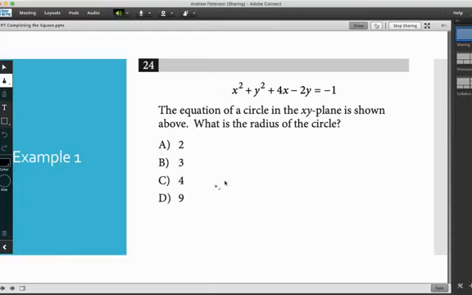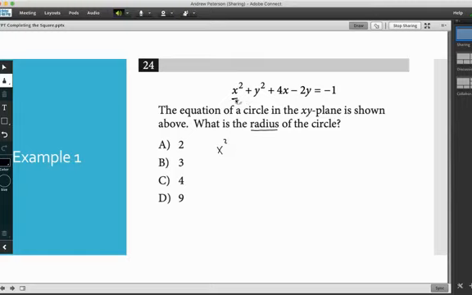So here's this example, same thing we saw before. We're looking for the radius of the circle, which is great news because once we put it in the appropriate form, all we need to do is square root the right side of the equation. So let's start. We're going to group our x terms together.